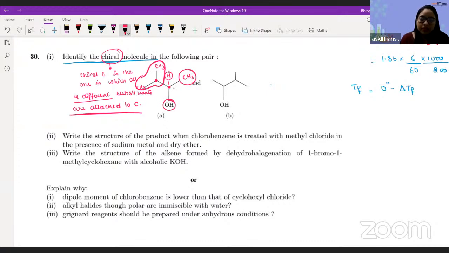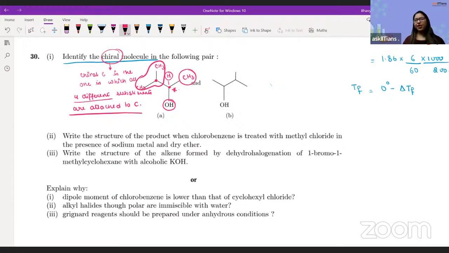As a result, this carbon becomes chiral. Now, if one of the carbons is chiral, the entire molecule is chiral, right? Because we are talking about only one chiral carbon. So then the entire molecule is chiral.